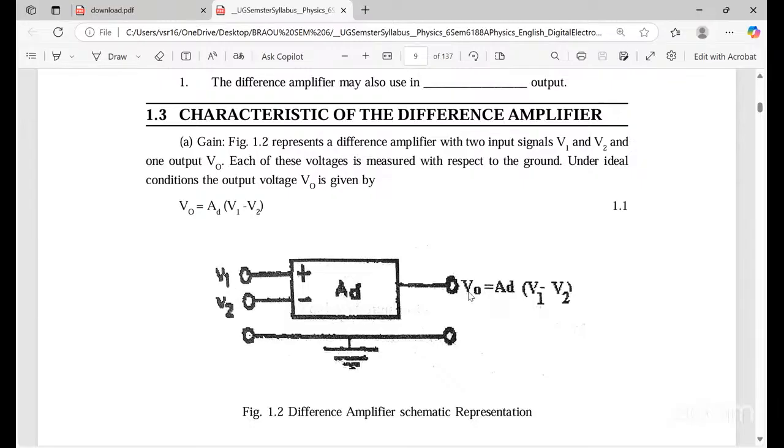AD is the gain of the differential amplifier. Here it is grounded. So V0 equals AD into V1 minus V2. That is called VD. V1 minus V2 is VD.